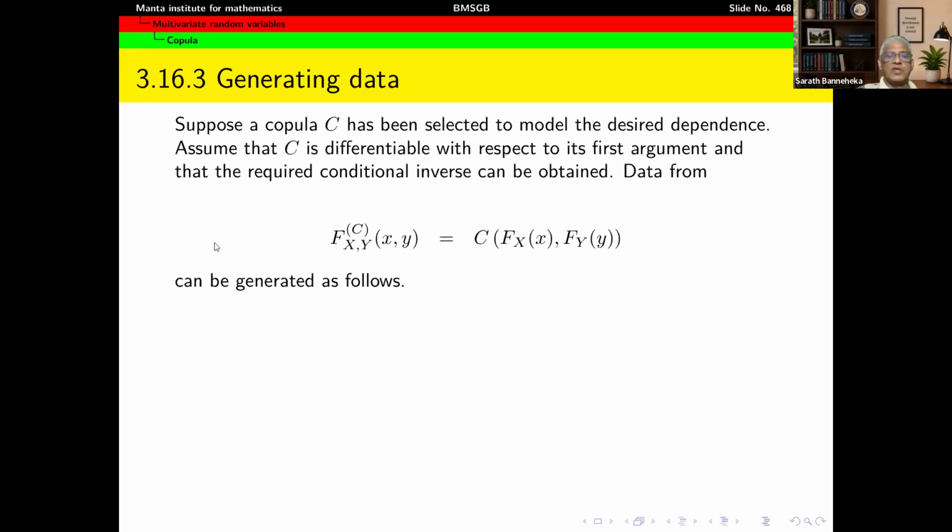Once we have this expression, the copula is equal to the joint CDF. Using this joint CDF, we can get the conditional CDF of the second variable given the first variable.